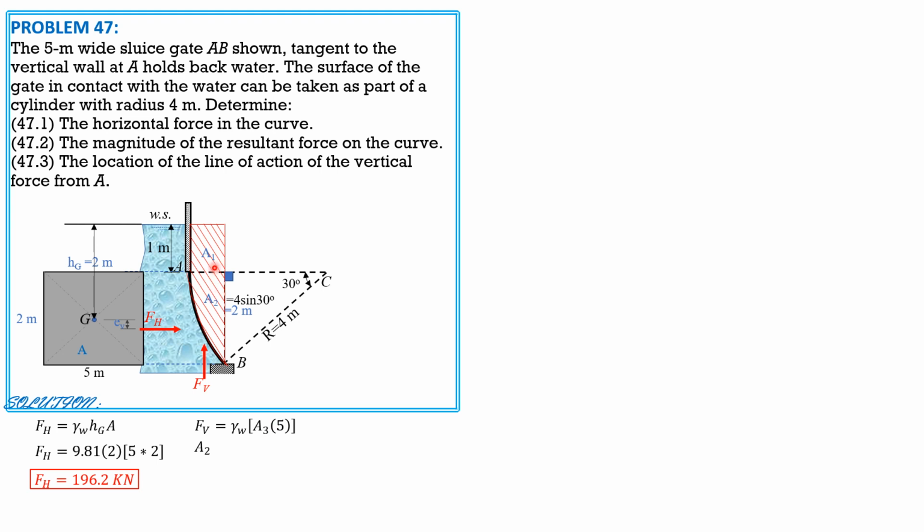So for area 3, that's area 1 plus area 2, and area 2 is area of sector minus area of this triangle here. For the sector, you should know the area of a sector from plane trigonometry: 1/2 of radius squared times central angle, 30 degrees converted to radians. If you do not know the area of a sector until now, then that's your problem. You're a civil engineering student. You should know it by experience, or that's a topic in plane trigonometry.